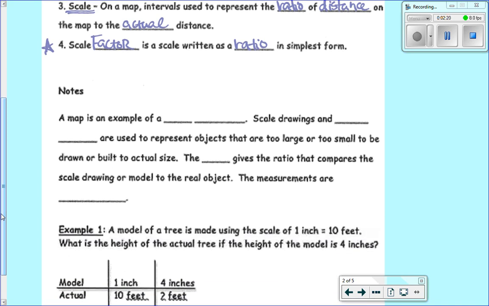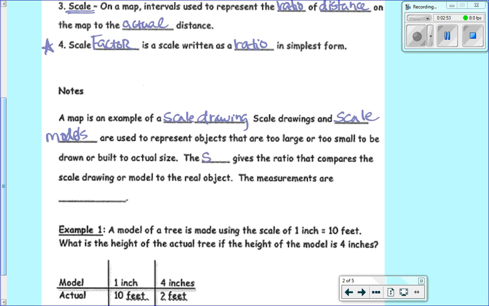So a map is an example of a scale model or scale drawing. Scale drawings and scale models are used to represent objects that are too large or too small to be drawn or built to actual size.